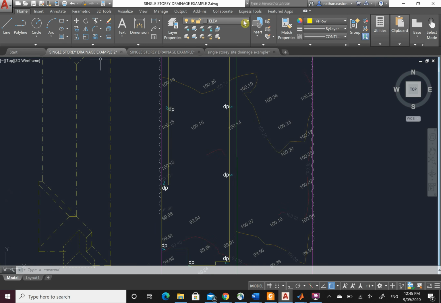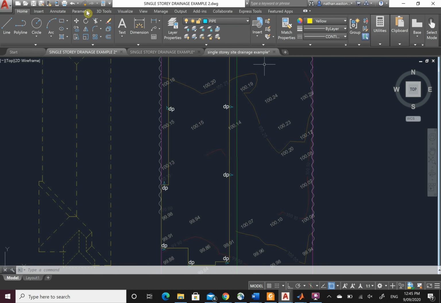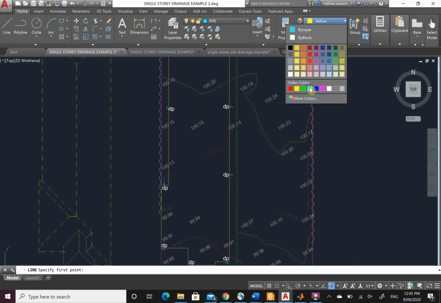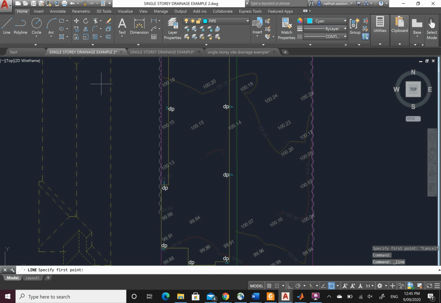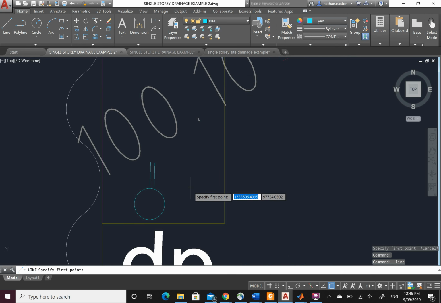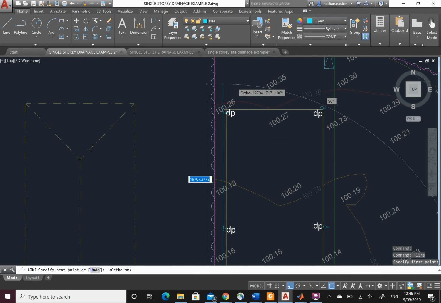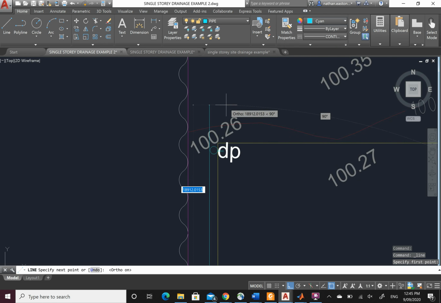So let's come with a line. Let's move it down onto pipes. Start with a line. Let's change the color. And what I'm going to have is a line starting from here, ortho on. It's going to run up from the house.